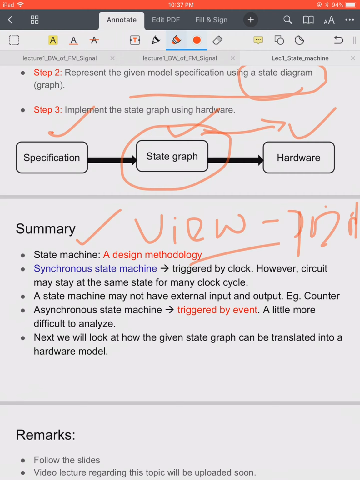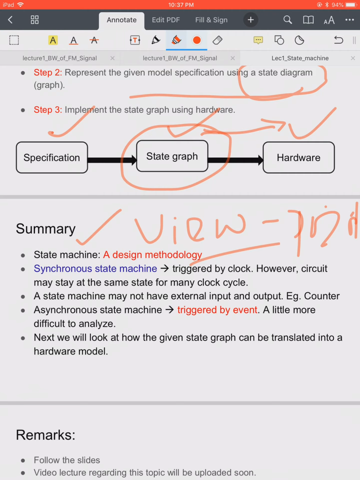However, it's not necessary that the state changes at each transition. The system may stay at the same state for many clock cycles. And the state machine may not have external input or output. An example is the counter that we have already discussed.